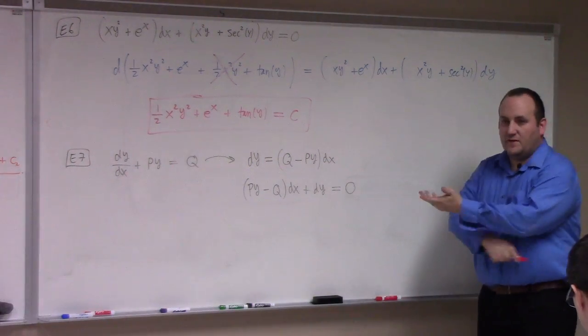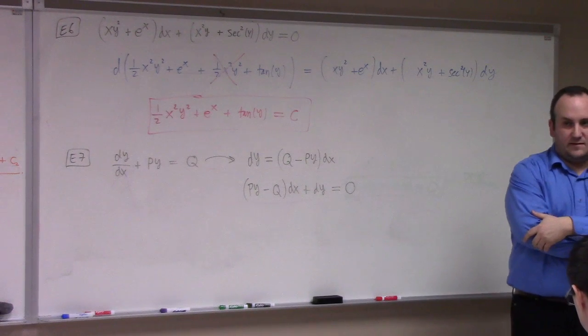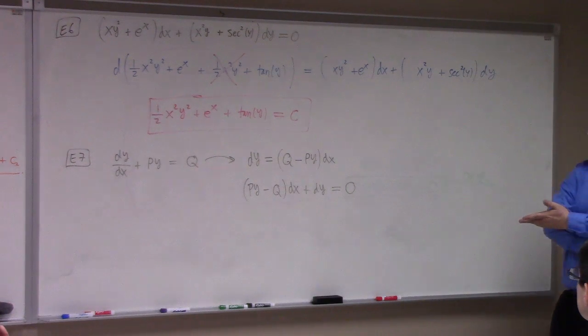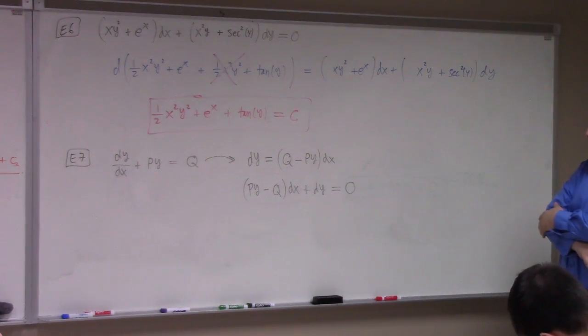Now here, p is just a function of x and q is just a function of x, right? And if I tried to do the exact method here, it wouldn't work.